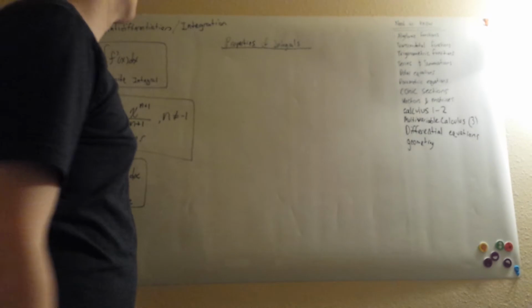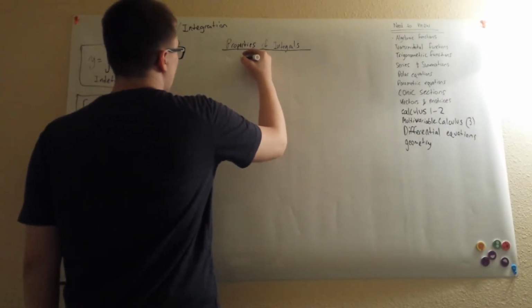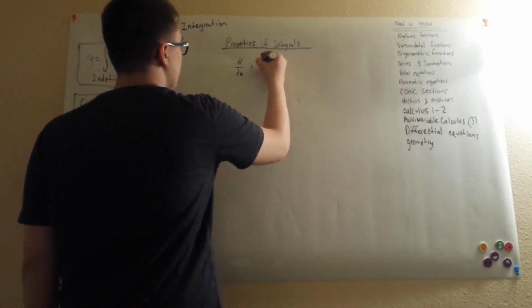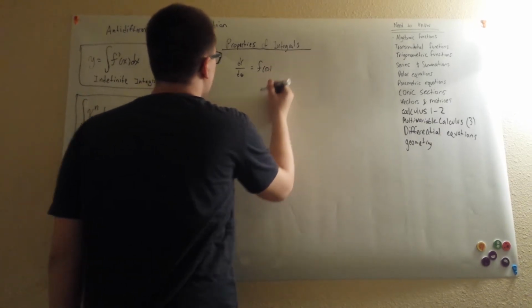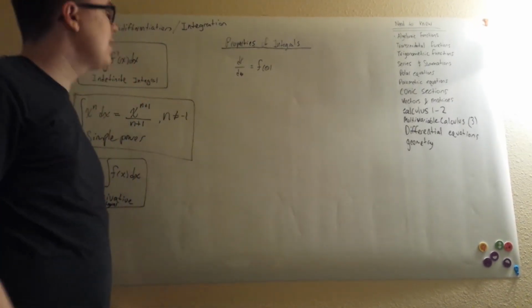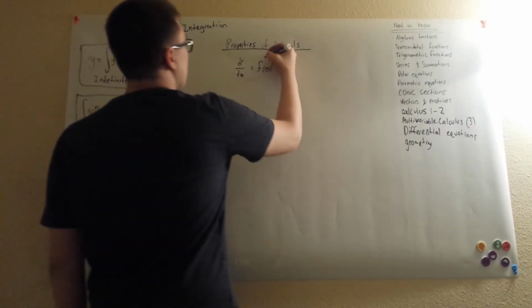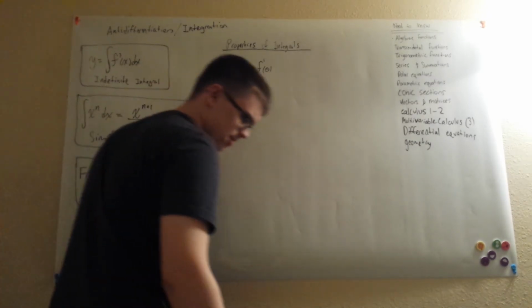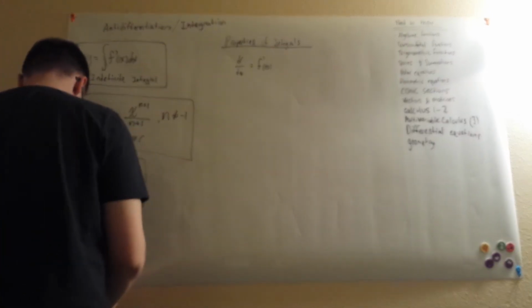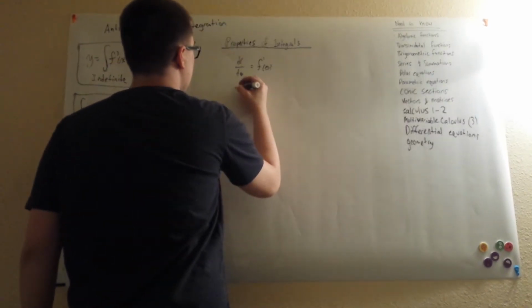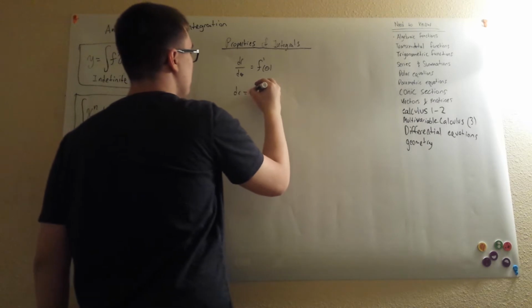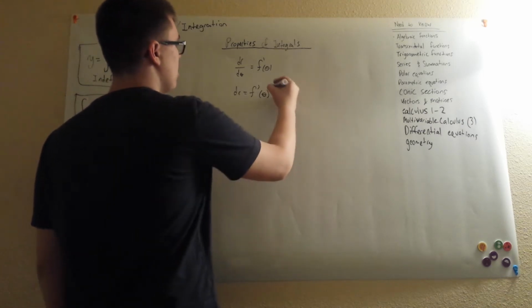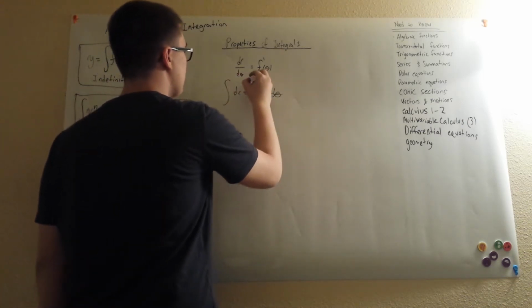Before I go over properties, I want to make sure that if we have something like dr d theta equals f of theta, and I want to find the original function, I would have to multiply both sides by d theta and I'll get dr equals f prime of theta d theta, and then I can integrate.